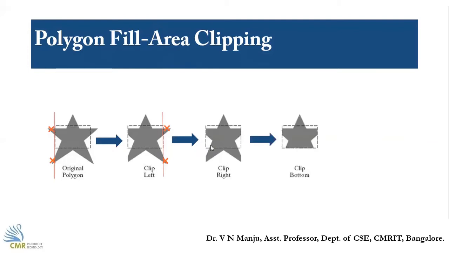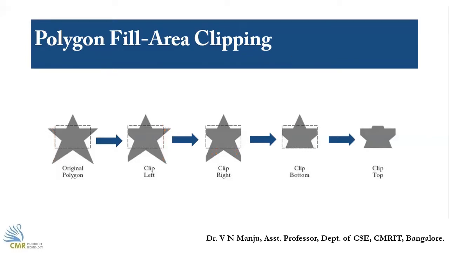Whichever is on the bottom will be clipped off. The next clipping that will take place is the top clipping. When a top clipping goes, this will be removed. This is a polygon fill clipping algorithm. So it goes from left, right, bottom and top. Now we will see how Sutherland-Hodgman will be working.